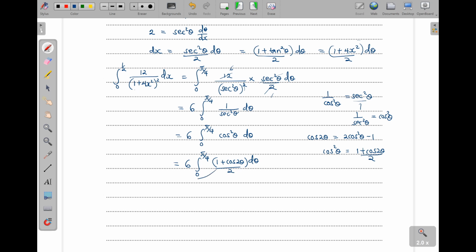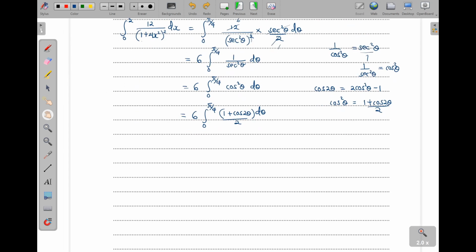So I can take this a half outside here. It multiplies with that 6, and then we get 3 here. Then the integral from 0 to pi over 4 of 1 plus cosine of 2 theta d theta. And then now we can integrate.